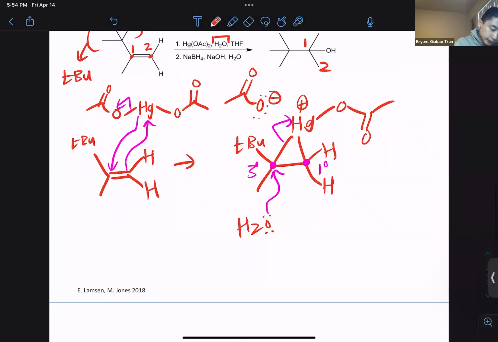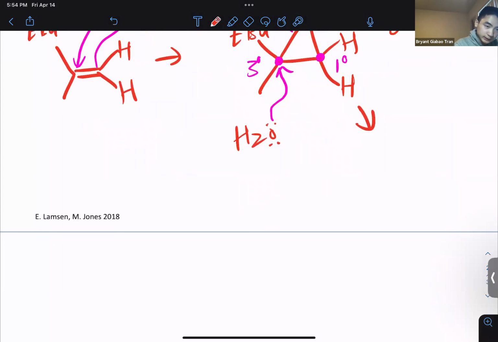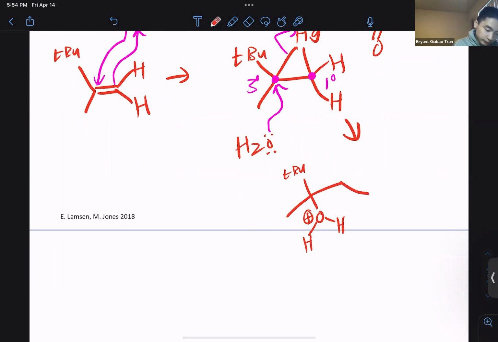And then that would give us TBU OH2, and oxygen has a positive charge because it has 3 bonds. And then we know that this carbon here is now attached to mercury with the acetate group.